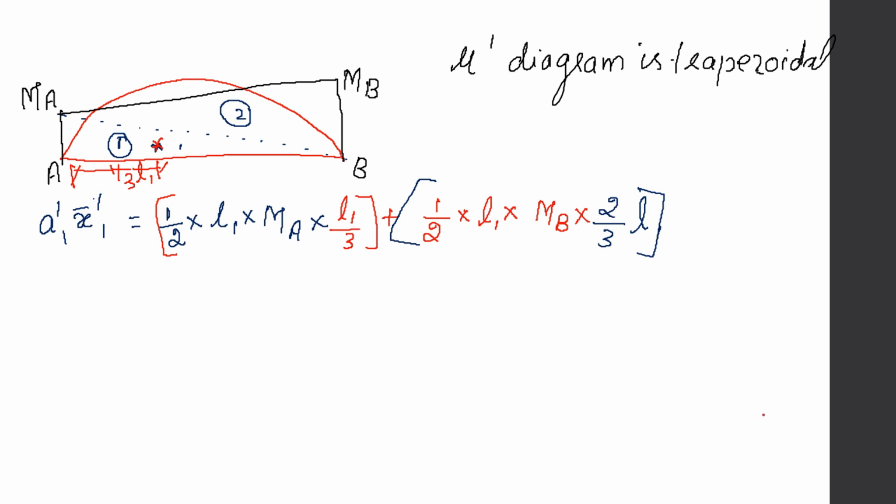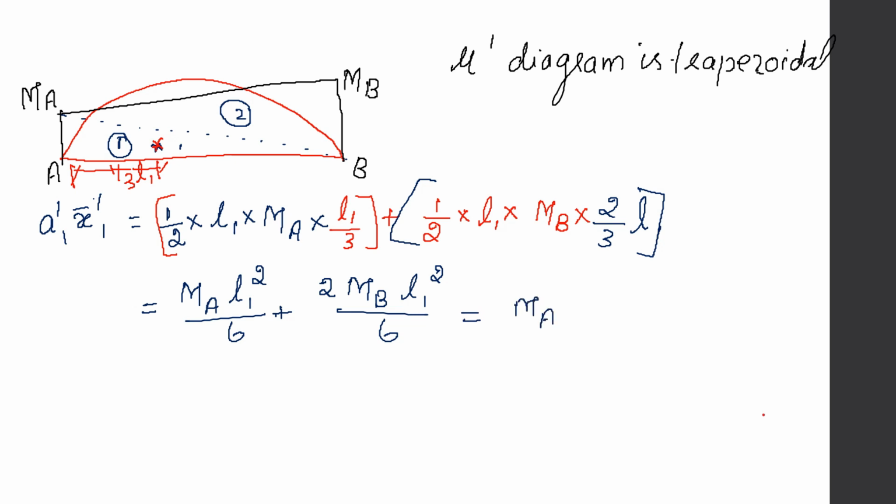So, now what we get is, this is equal to MA into L1 square by 6 plus 2 MB into L1 square by 6. So, that is nothing but MA plus 2 MB into L1 square by 6.